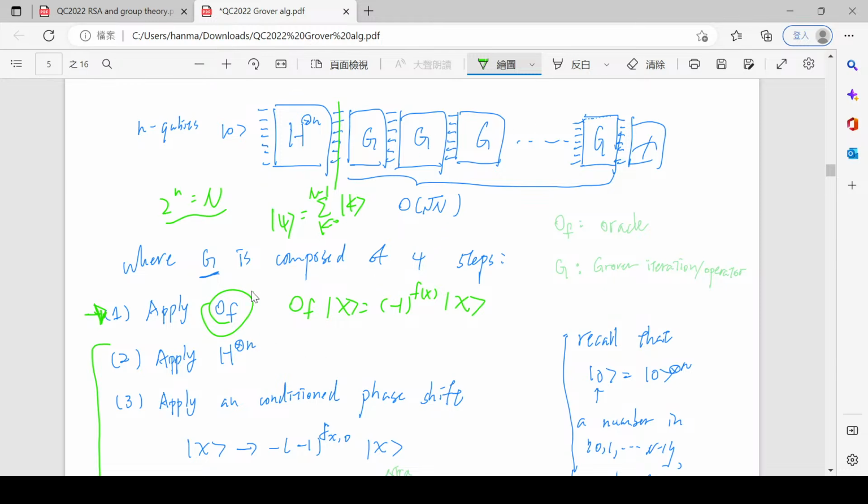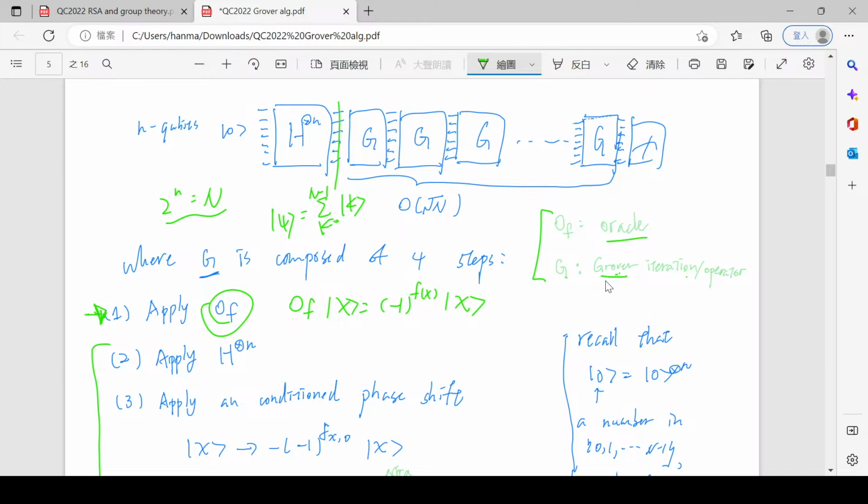And some notation thing we need to set up straight. It's a bit confusing because OF is called oracle, and G is usually called Grover iteration or Grover operator. Grover operator I think is okay, but a very confusing notation sometimes people will say is Grover oracle.